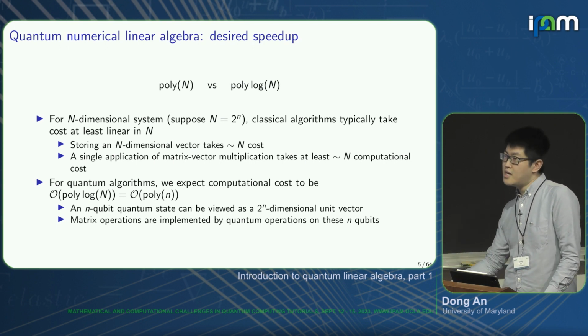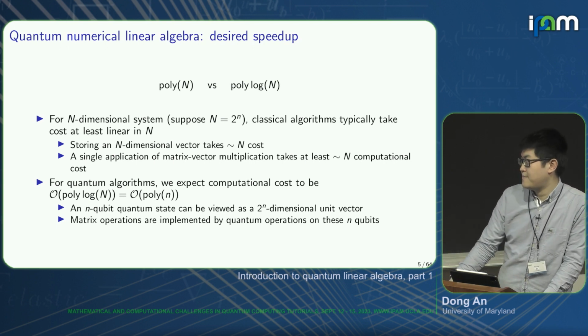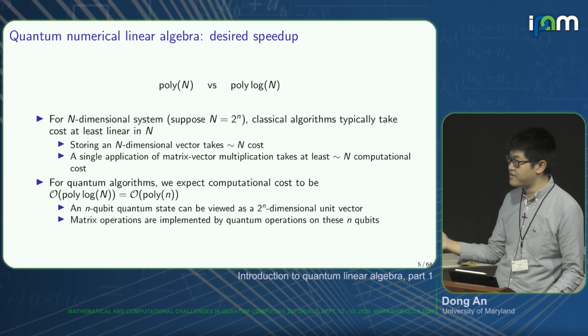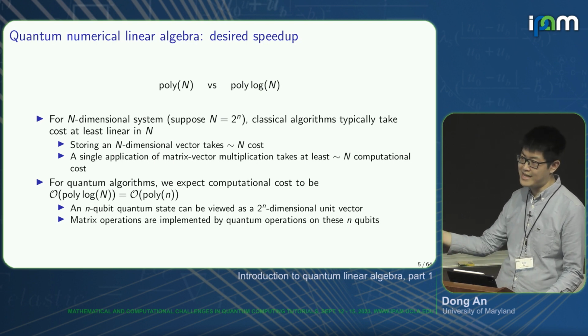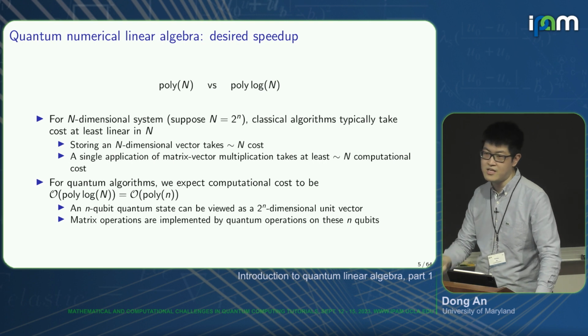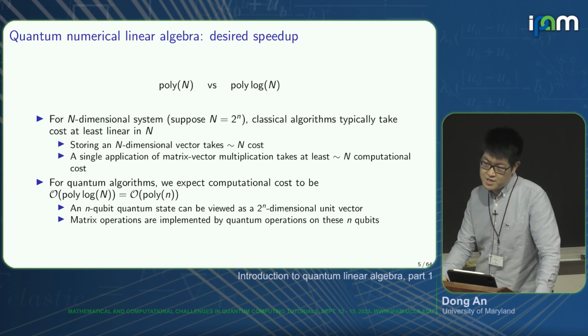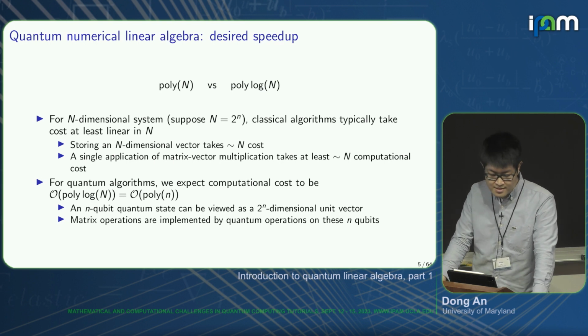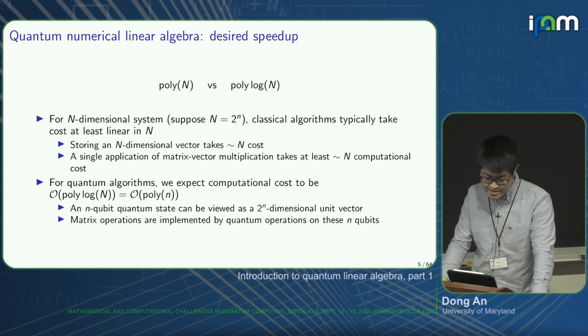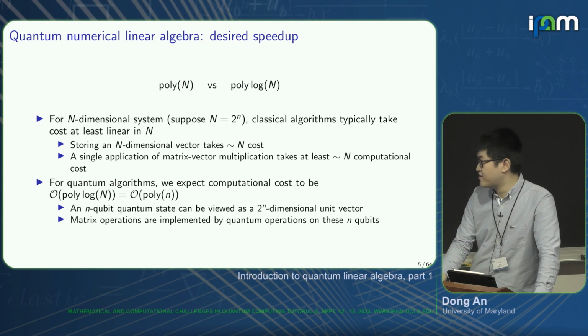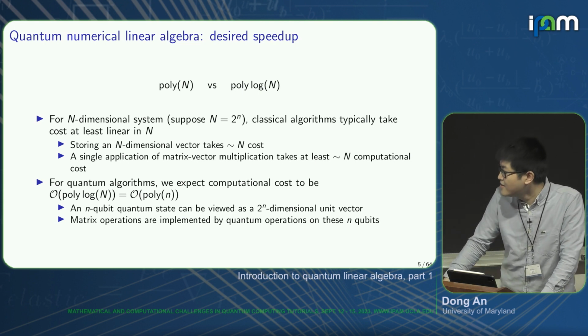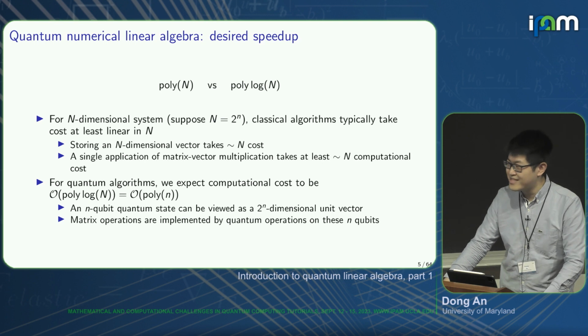So the cost of this task classically would be at least linear in the dimension, because the space should be at least linear in n if you don't have any further structure. Also, matrix-vector multiplication is the core operation in numerical linear algebra algorithms, and even for a sparse matrix you need at least linear computational cost in n. That is what we expect in general.